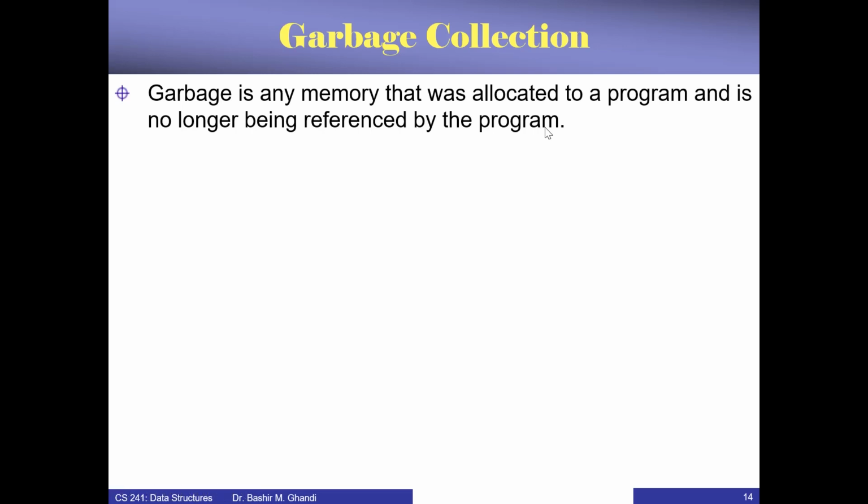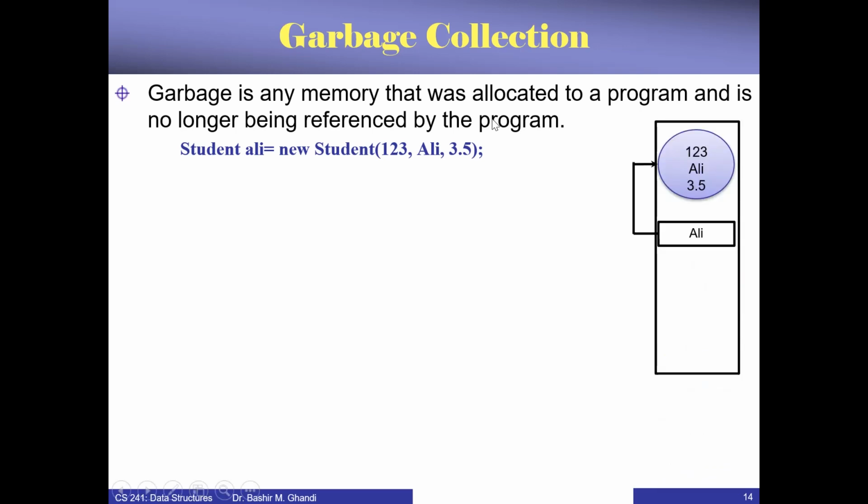To give you an example, suppose you create a student object. So you say Student Ali equals new Student. You give the ID, the name, and the GPA, for example. So obviously an object will be created, and the variable Ali will reference that object.